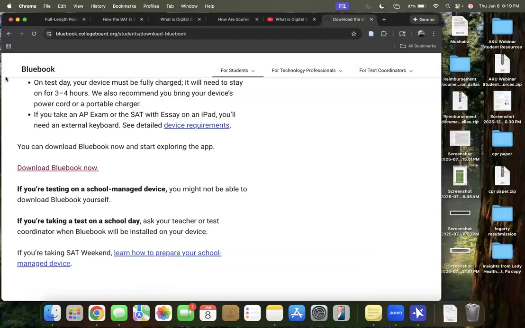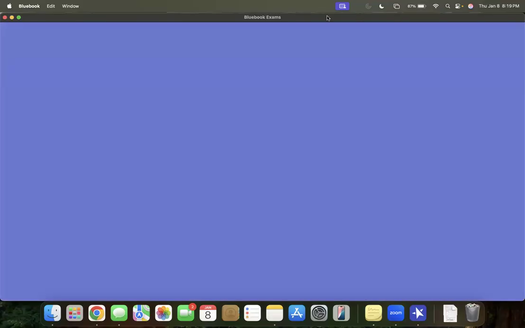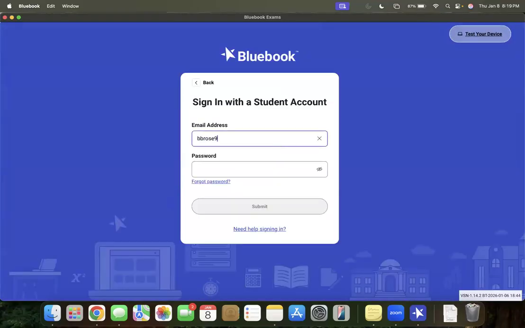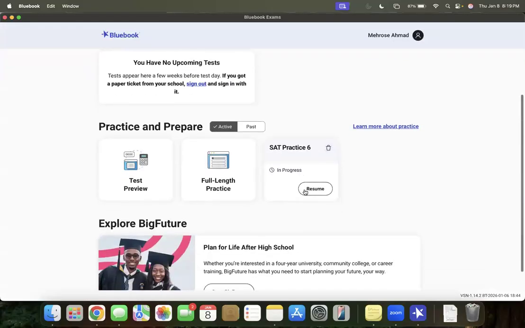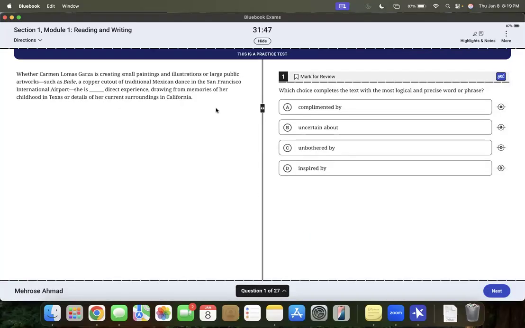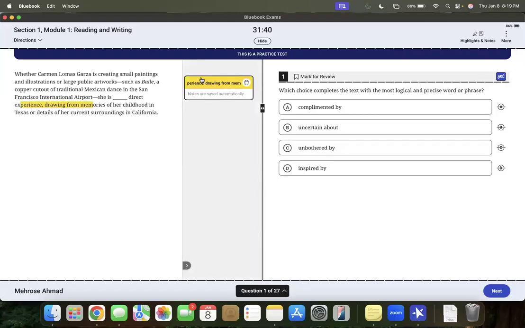If we open the Blue Book app again, I need to sign in. If I open SAT Practice Test 6, I might want to use the sticky note, again, if I have a longer passage, to summarize paragraph 1.